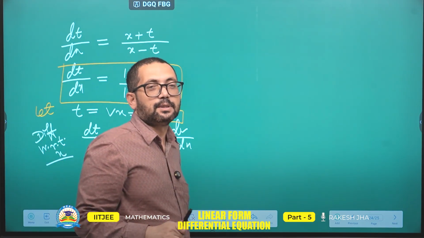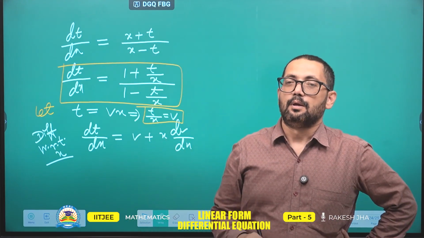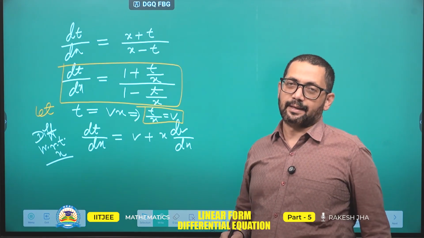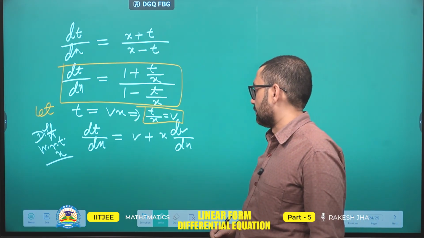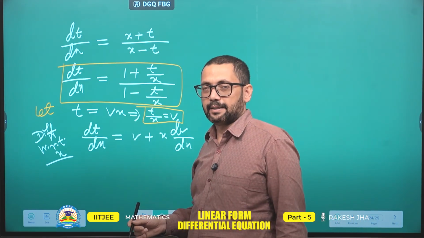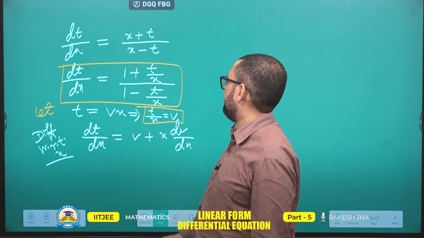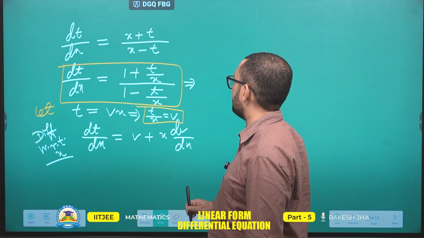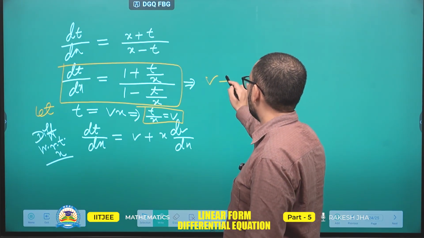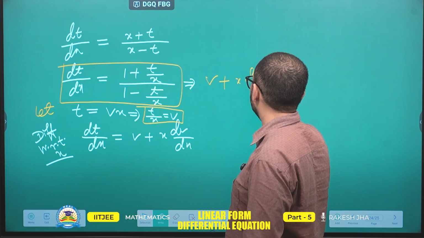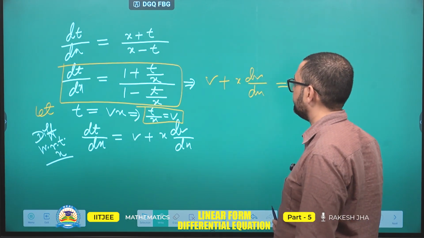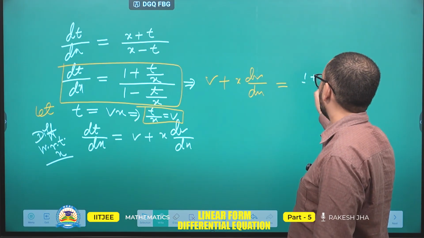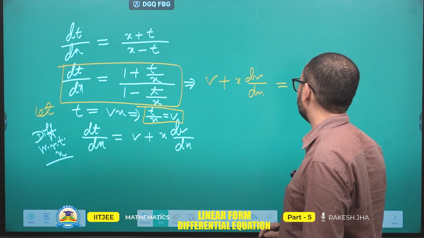This substitution we also do in the normal linear form, only the difference is, there we have the variables x and y and we substitute y is equal to vx in homogeneous form. So now this conversion will be v plus x dv by dx is equal to 1 plus v upon 1 minus v.